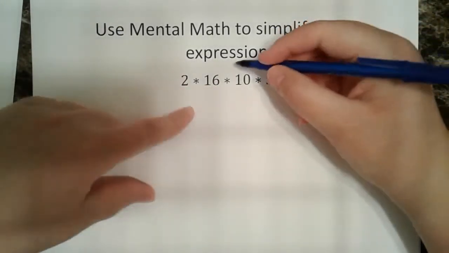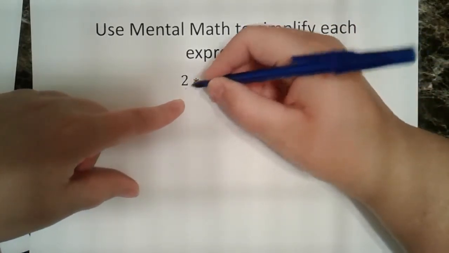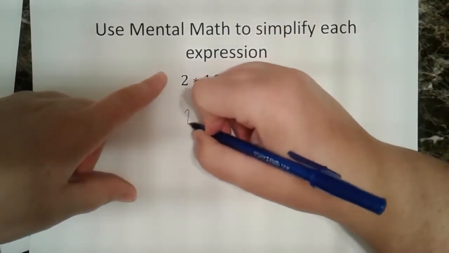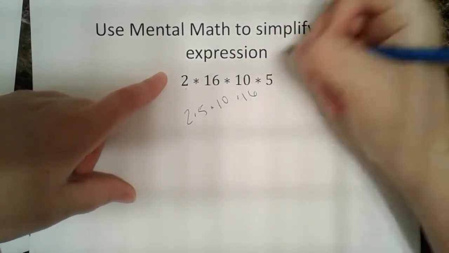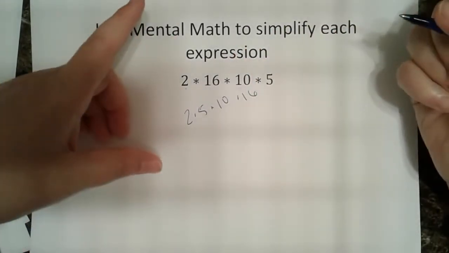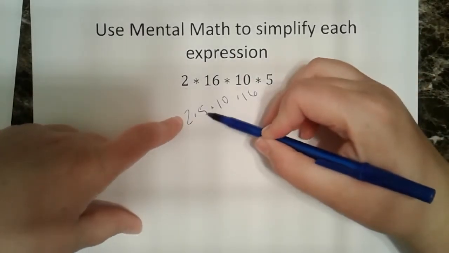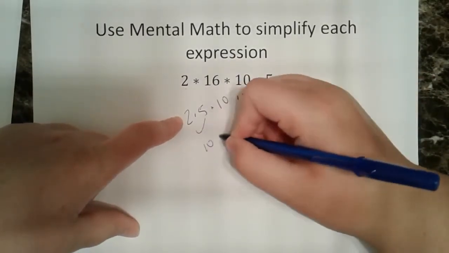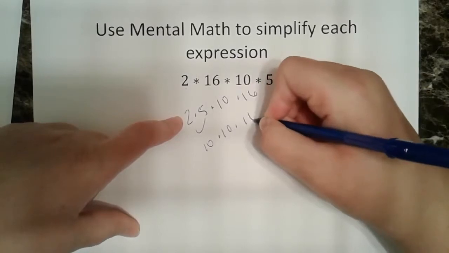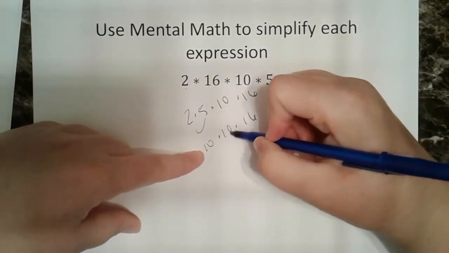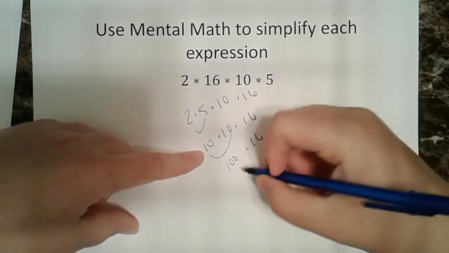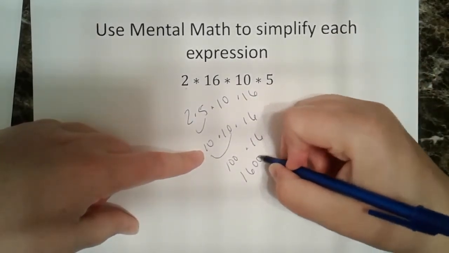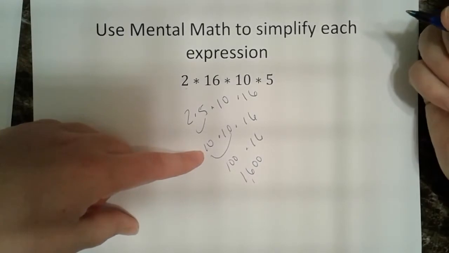Again, I would do 2 times 5 first. I would do 2 times 5 times 10 times 16. The reason being, what's 2 times 5? 10. So we have 10 times 10 times 16. What's 10 times 10? Good. 100 times 16 is 1,600.